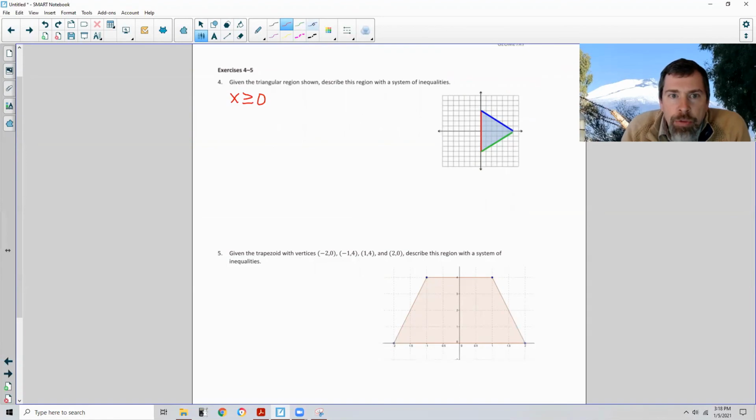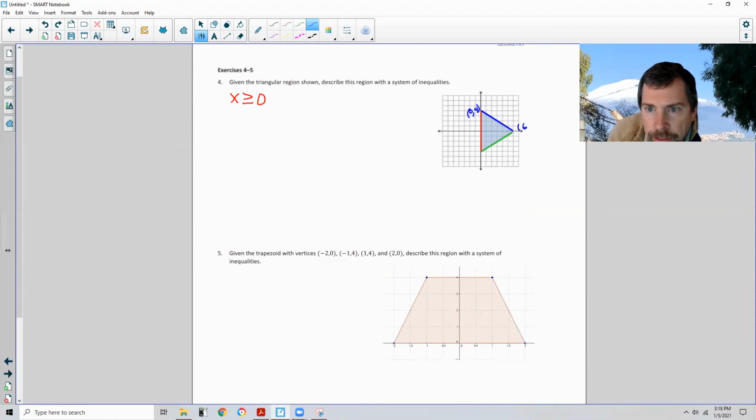But then we need to restrict our range in the upward direction using the blue line segment. And in order to do so, I need points. Well, this is the point 1, 2, 3, 4. This is the point 0, 4. And this point over here is 1, 2, 3, 4, 5, 6.